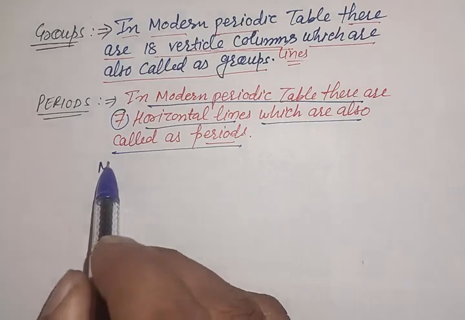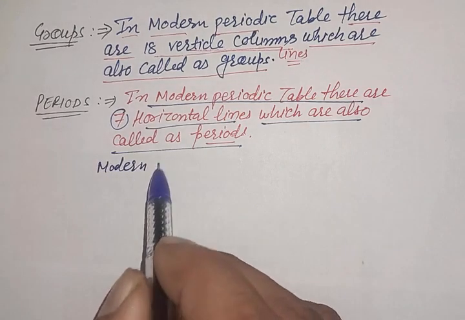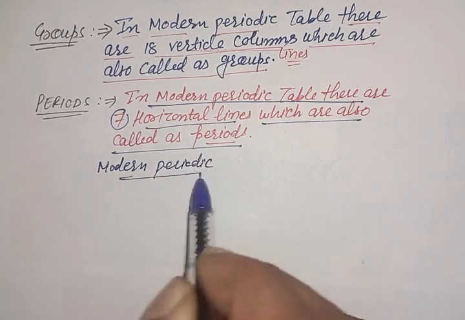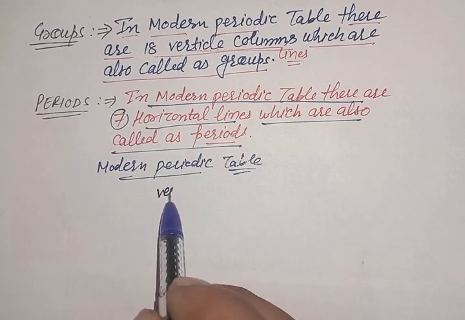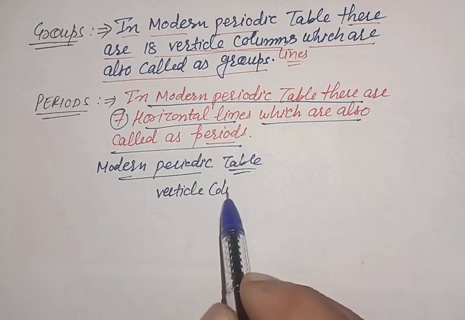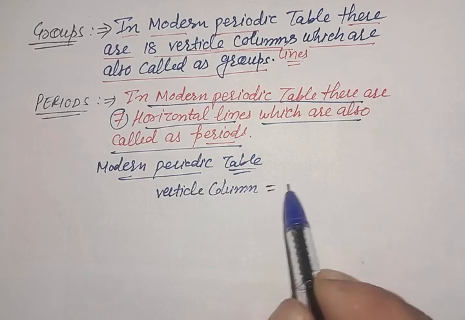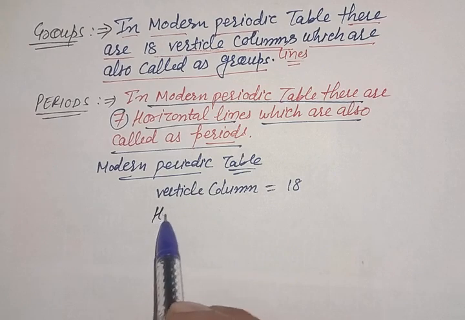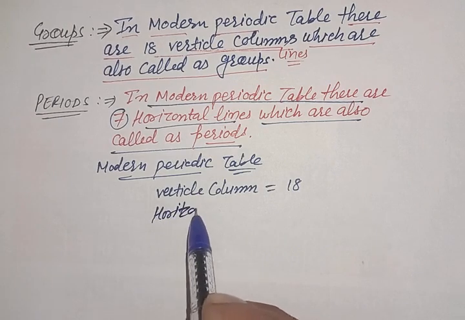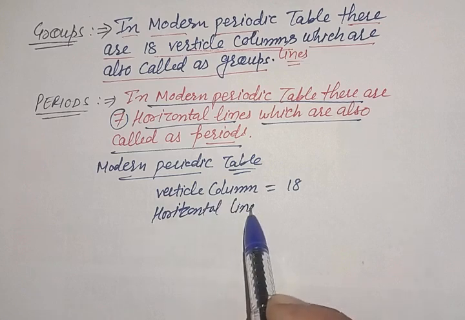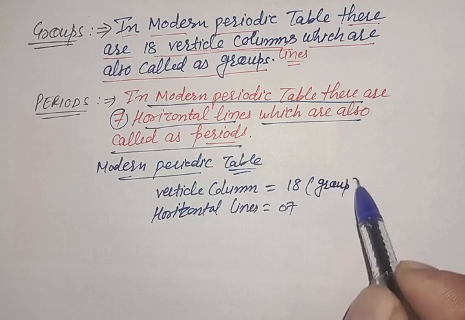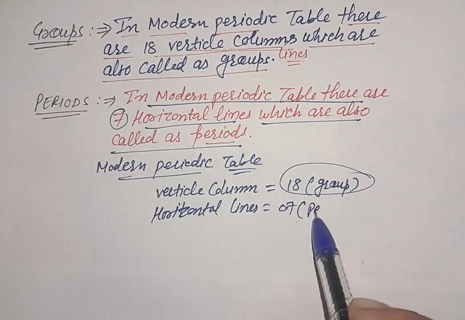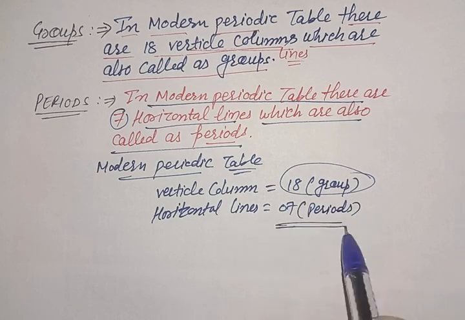So in the modern periodic table, the vertical columns are 18, and horizontal lines are 7. So I can say in the modern periodic table there are 18 groups, and there are 7 periods.